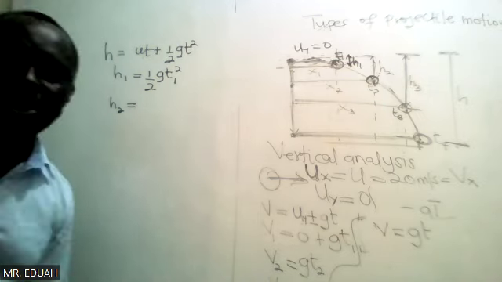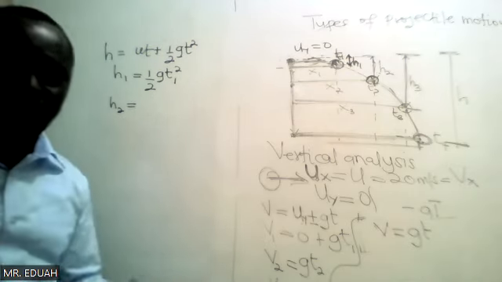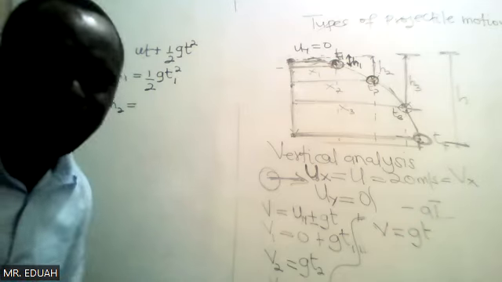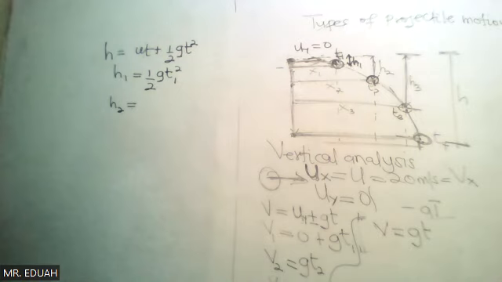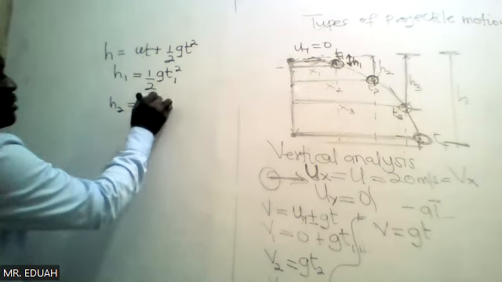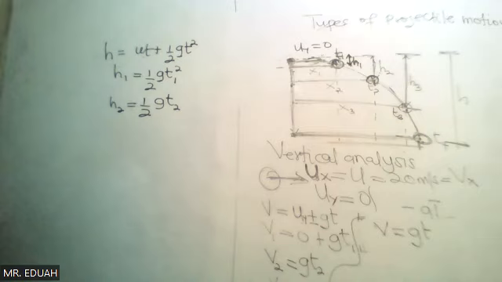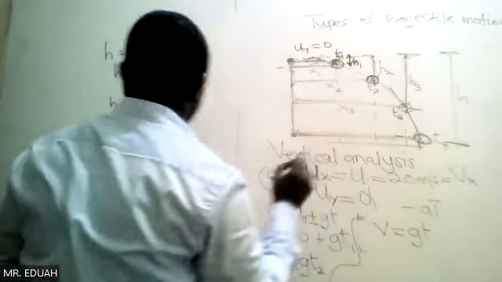As Bushra is processing, let's have somebody else contribute. How do we get H2? Oh, time. Half g times t2 squared.